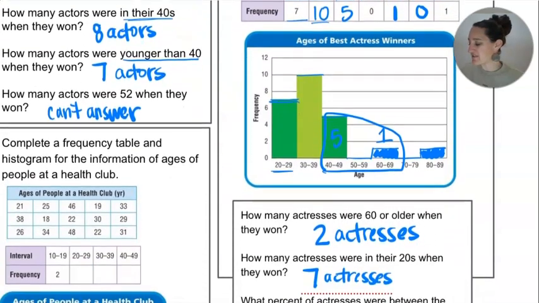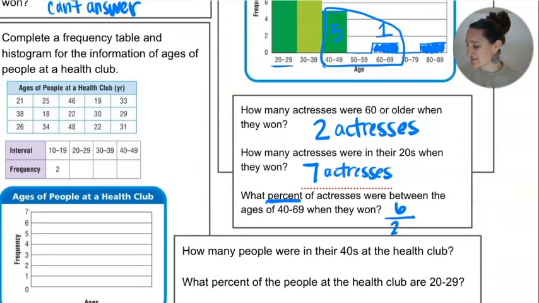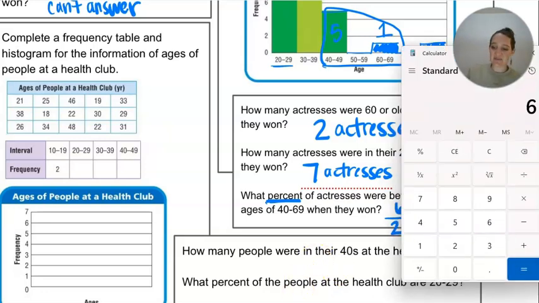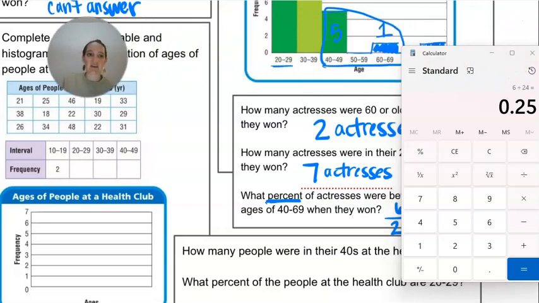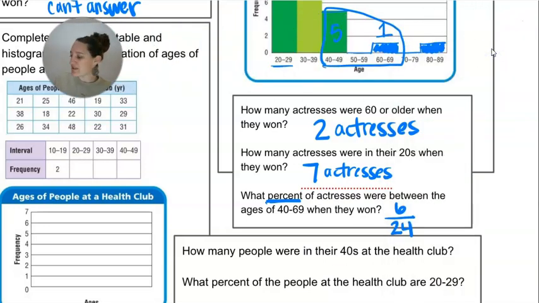There were 24 total actresses. Let's turn that into a decimal. 6 divided by 24 would be 0.25. So 25% of the actresses were between 40 and 69.